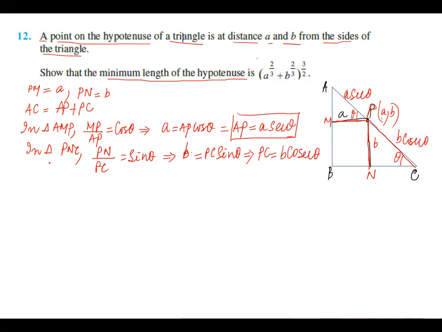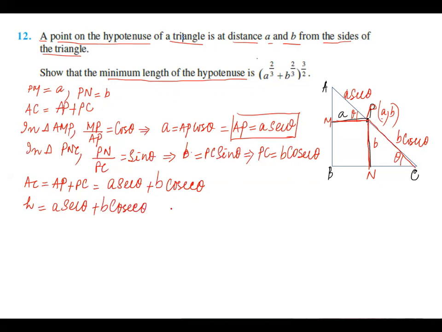So AC is equal to AP plus PC, that will be a sec theta plus b cosec theta. This is the length of the hypotenuse, which I'll differentiate and make equal to 0. I'm denoting AC as H. H is equal to a sec theta plus b cosec theta.